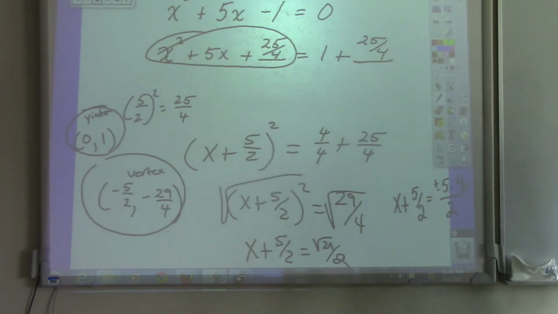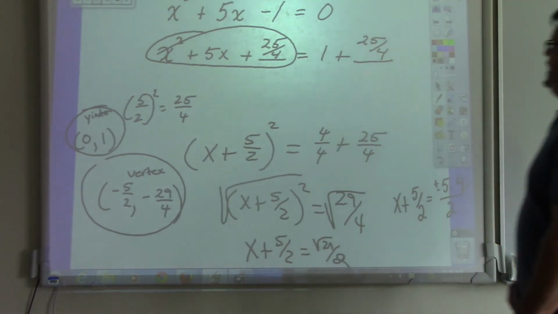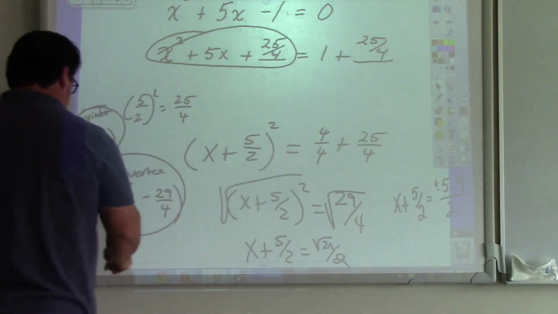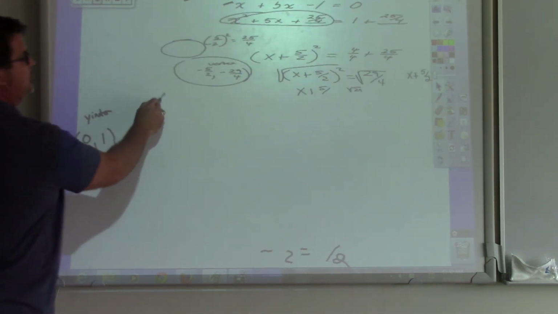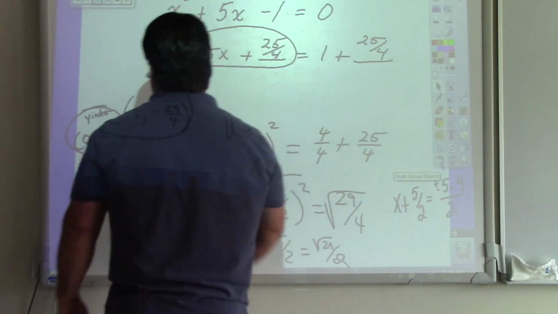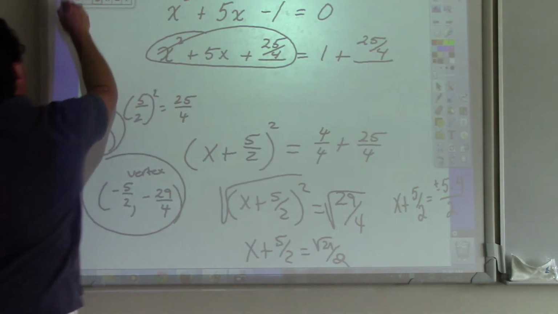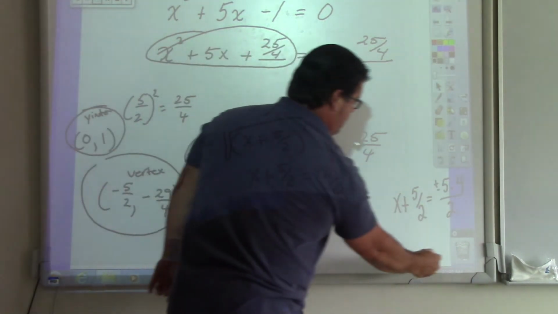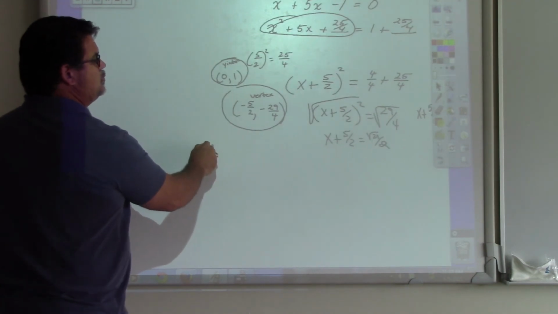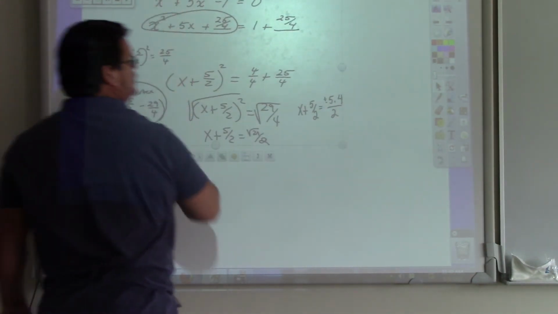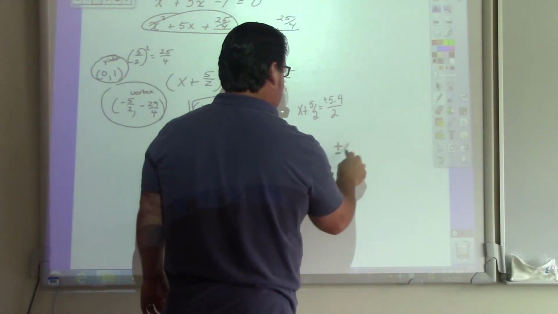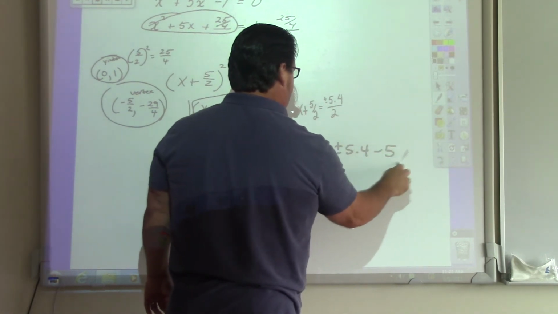And now we can say, if we take our handy dandy reducer and reduce it down a little bit, that's going to be x is equal to positive or negative 5.4 minus 5 over 2.